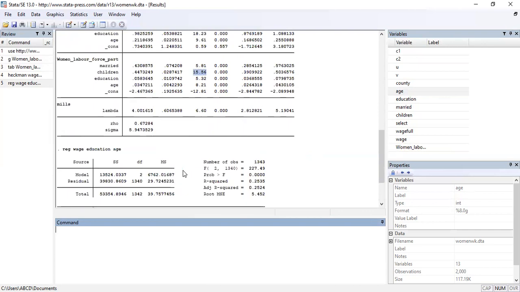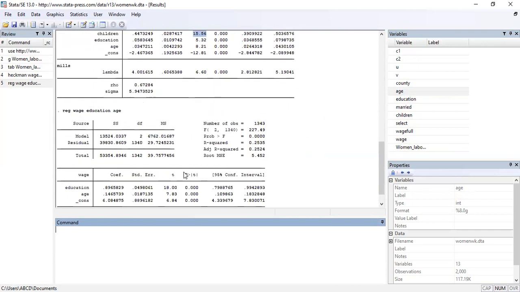That means those who are participating in the labor market. But in the Heckman selection model, we can see those who are participating in the labor market and those who are not participating, and we can say the probability of why they are engaging in the labor market from the selection model. So the Heckman selection model considers not only the uncensored observations, but also the censored observations.